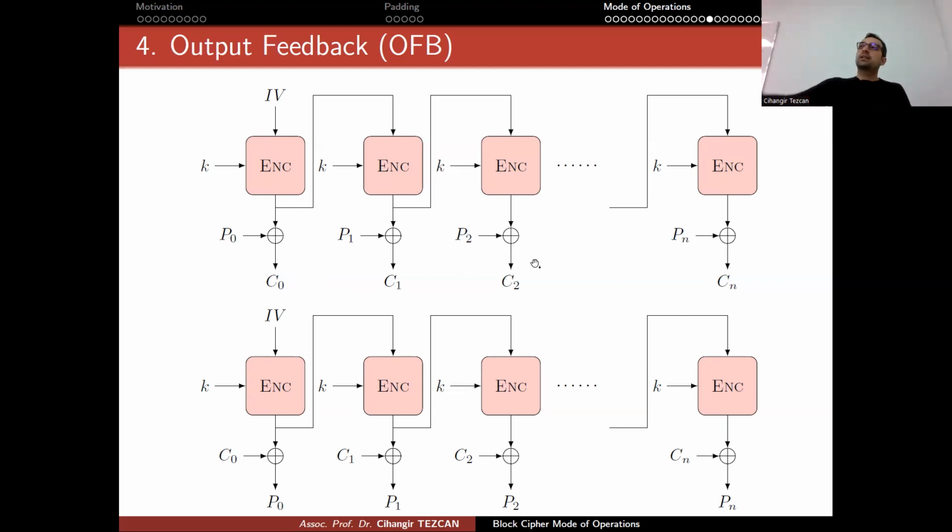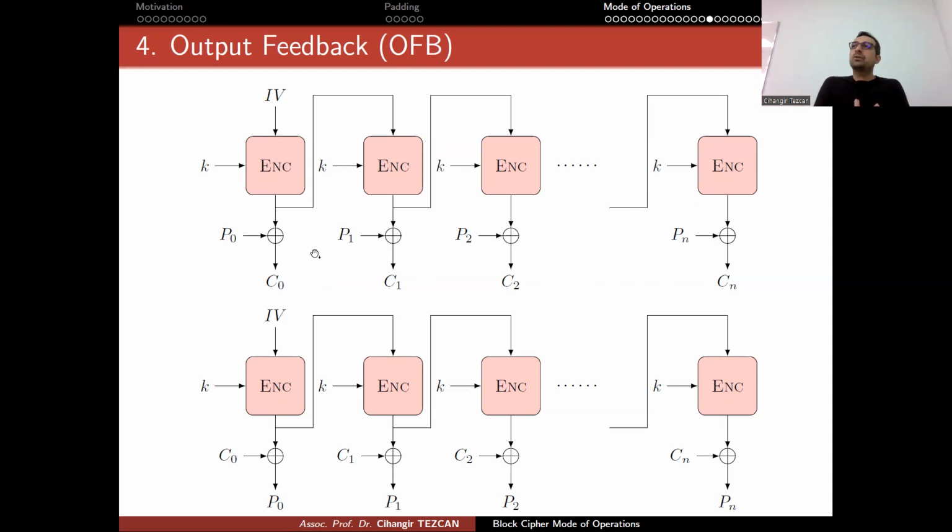When you encrypt another plain text, you will again use the same key stream with the different plain text to obtain the ciphertext. So once you use the same IV twice and obtain two different ciphertexts, the person who XORs the ciphertexts will get the XOR of your two plain texts. This is the problem. This is an IV reuse attack. This is why you shouldn't use the IV twice here.